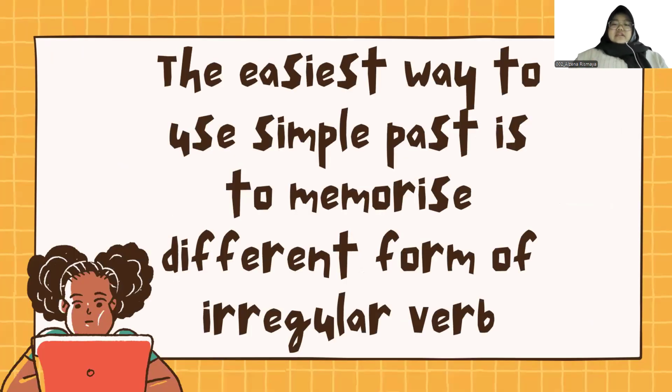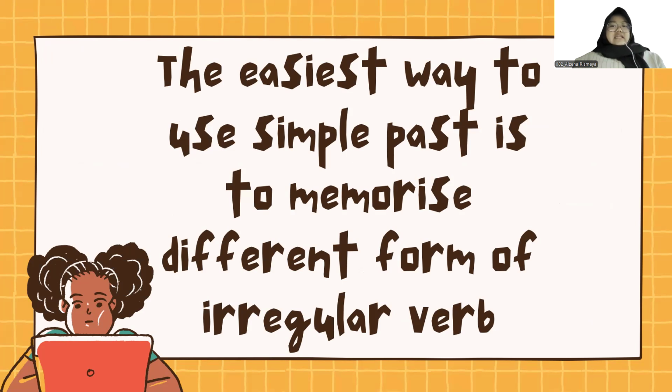As I mentioned before, the easiest way to use simple past is to memorize the different forms of irregular verbs. Because regular verbs are so easy, you can just add ed at the end of the word. But irregular verbs, like the name itself, are hard and totally different from the base verb, verb one, and then verb two.